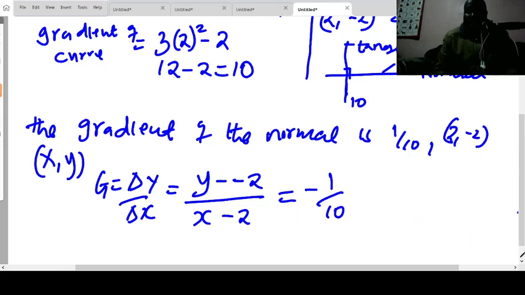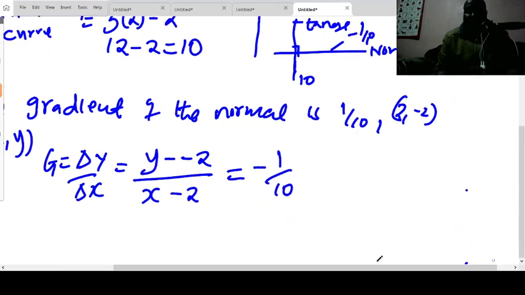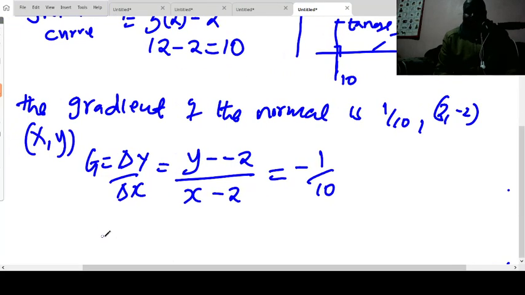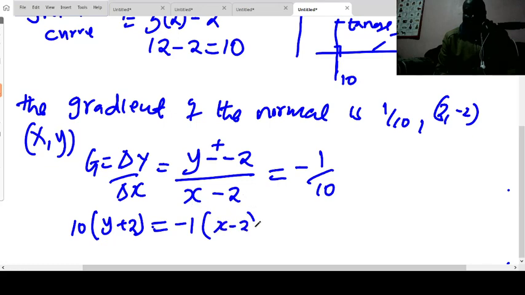Now from here, we cross multiply. But remember that a negative times a negative here becomes positive. So we will have 10 into y plus 2, which is equal to -1 into x minus 2.